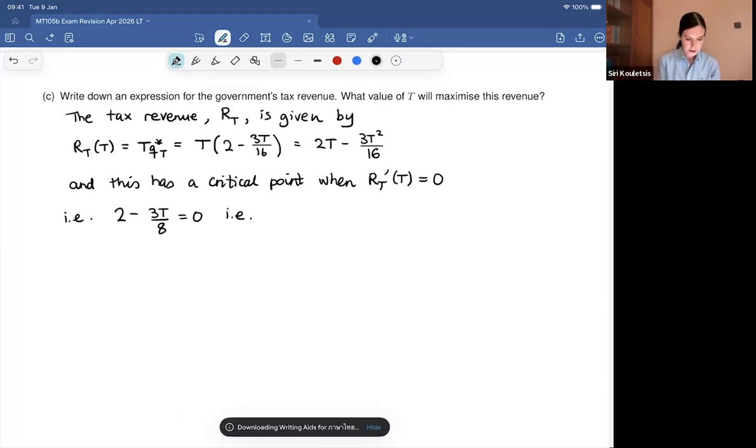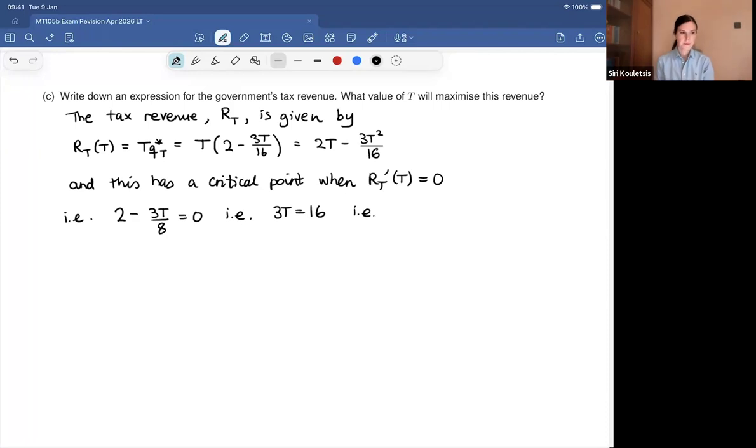And now we just make t the subject here. And we see that the single point, stationary point or critical point as we call it, of the revenue function is t equals 16 over 3.